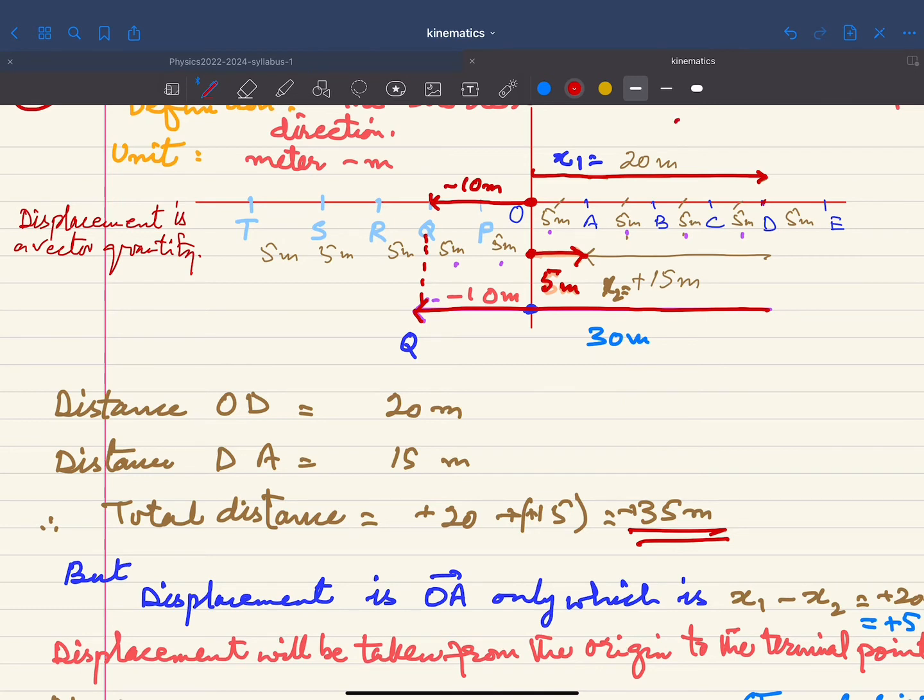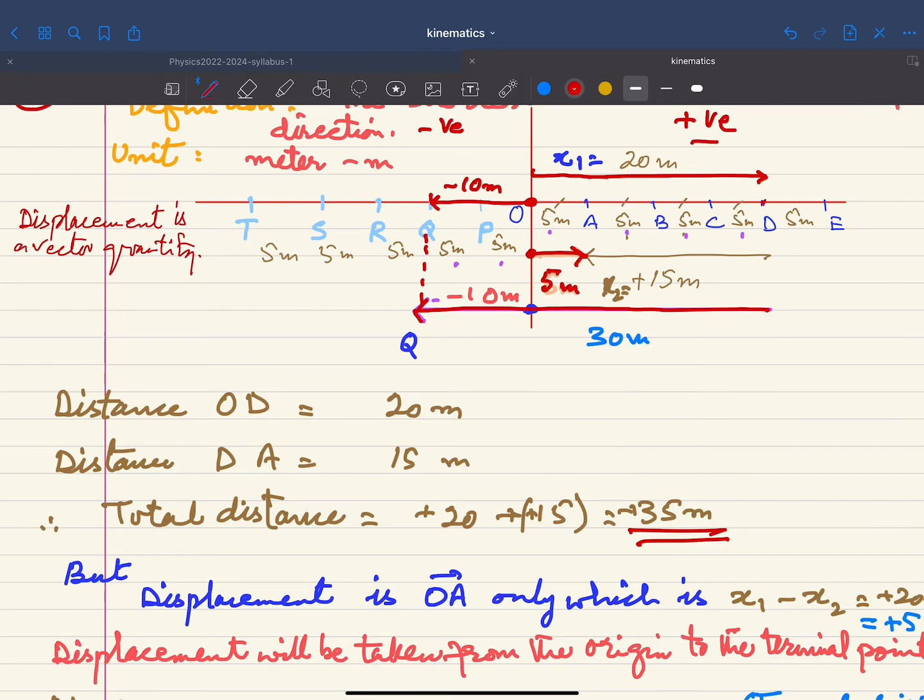If this is your positive side, this is your negative side, or you can say negative region. So simply you can say that we have the concepts of coordinates, and positive and negative, and similarly we have positive and negative sides.